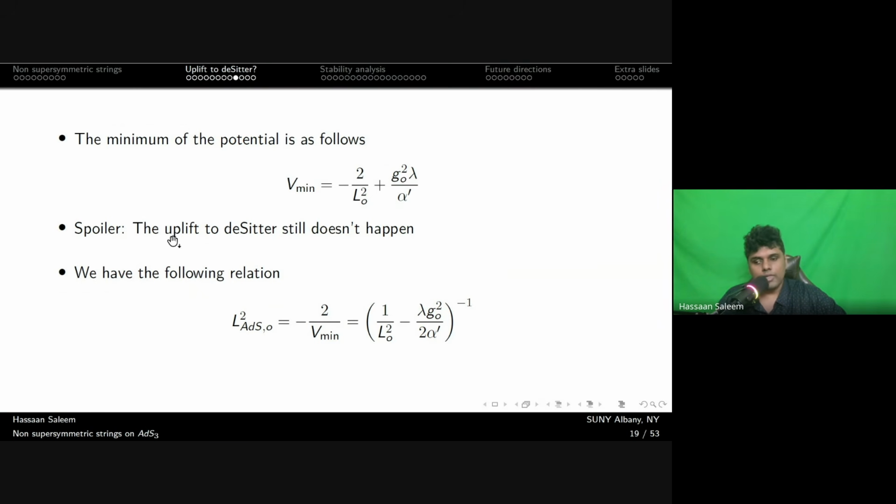Now I'm going to give you a spoiler: de Sitter uplift still doesn't happen, because although you do have a positive part, this positive part is never positive enough to give you a de Sitter uplift. So it means that you still have an AdS space-time. If you have an AdS space-time, then you can write down the expression for the AdS radius in terms of LO and GO, and this is the expression.